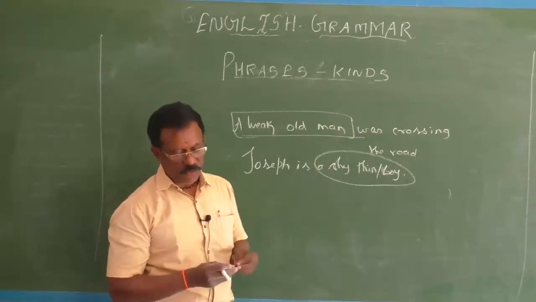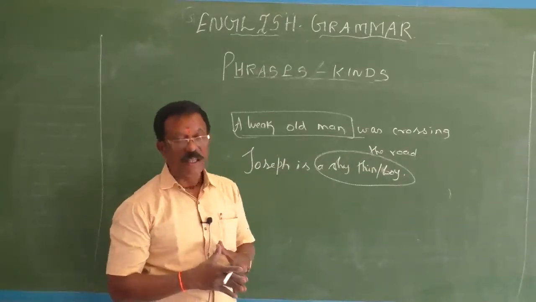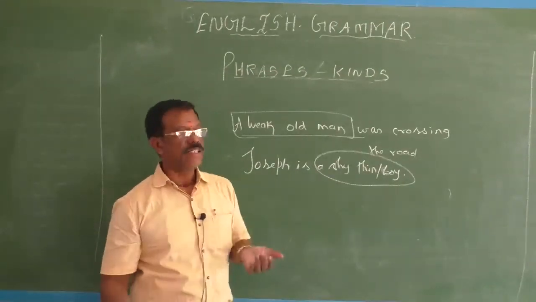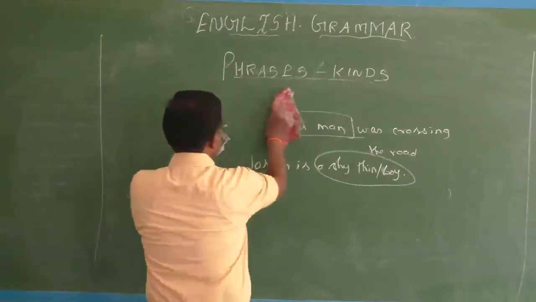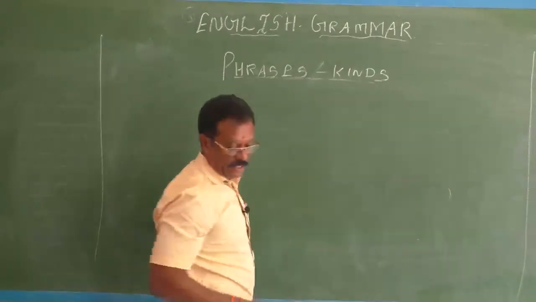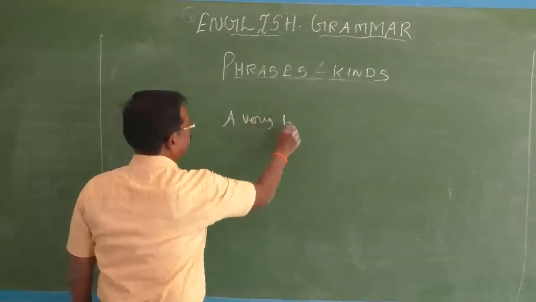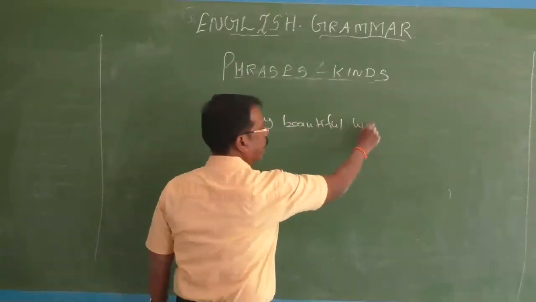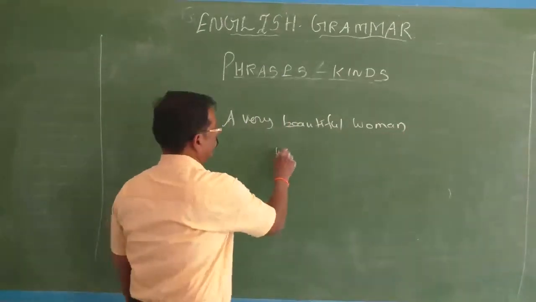A very beautiful woman walked down. Degree. Sometimes an adjective in the adjective phrase may have degrees also. For that I will give you some examples. Sometimes it can be used with degrees. See, a very beautiful woman walked down.